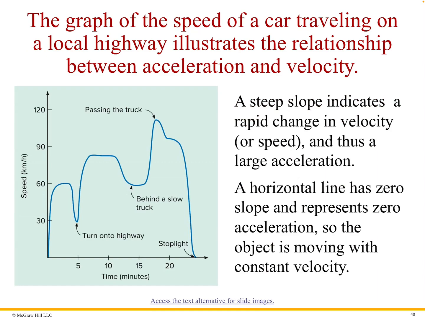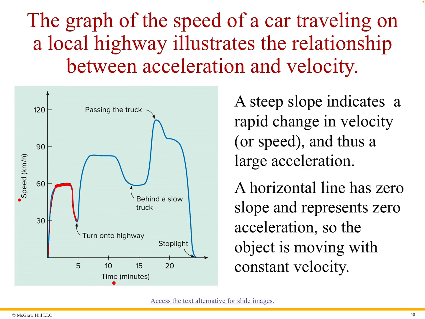This shows the speed of a car traveling on a local highway. A steep slope indicates a rapid change in velocity, as we know, or a large acceleration. And then, of course, the horizontal line has zero slope and represents zero acceleration. So this is the velocity versus time, or speed versus time. Okay, so you've got this really big high slope, right? And then it just goes at this constant speed for almost 5 minutes.